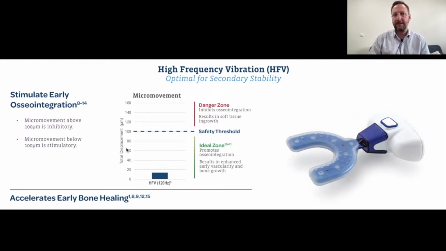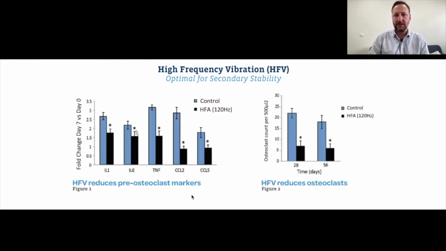In fact, by working in this zone and promoting a bone remodeling, a bone formation process, we are going to accelerate early bone healing, right? So amazing news, and we have a lot of studies presenting this. Also very cool to know, for secondary stability, when we can insert the provisionals over the implants, the time we need to wait to achieve this stage was much shorter.